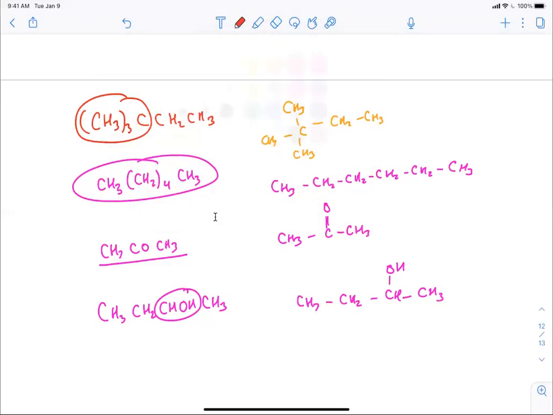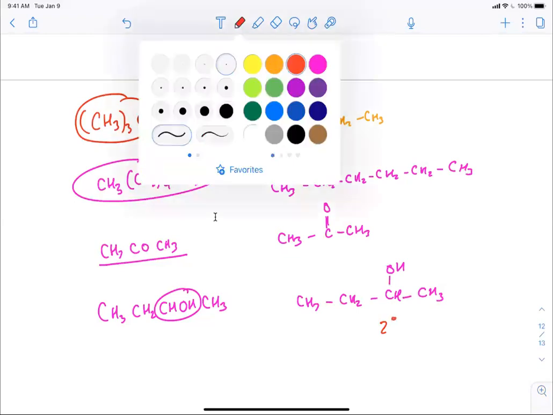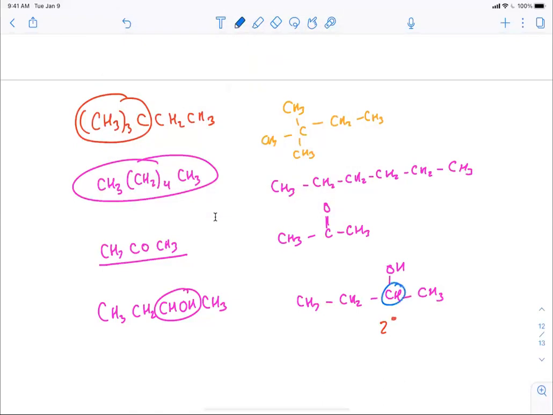Now, this is a second degree alcohol, because the OH is bonded to a carbon that's bonded to 2 other carbons here. Also, for higher level, this is a chiral carbon, because that carbon has 1 H, 1 OH, 1 CH3, and 1 CH2CH3.